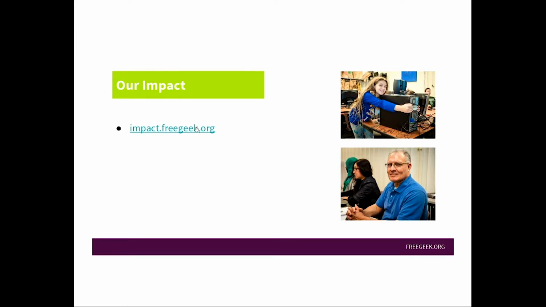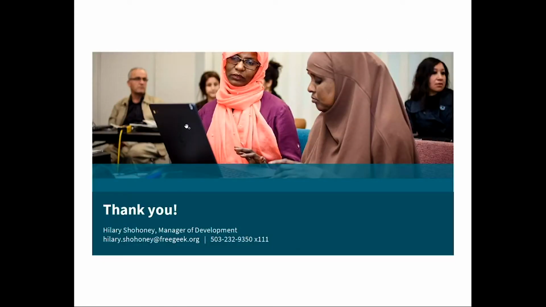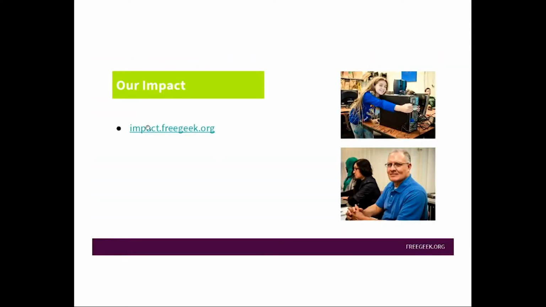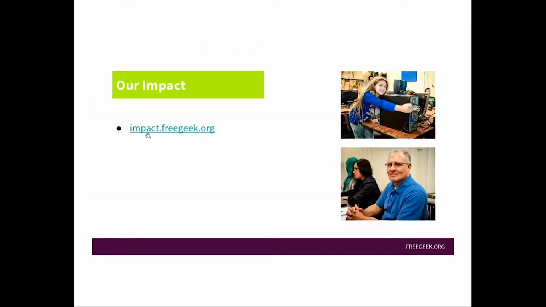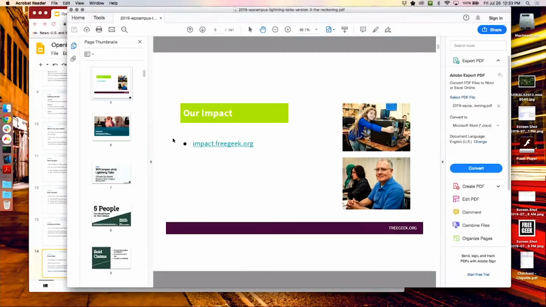I want to show you a little bit of the impact that we've had in the past year. Ooh, hold on. I'm breaking the system. Oh. Brad. Help me. Yeah. All right. Do you remember what that URL is? It's just impact.freegeek.org. Okay.